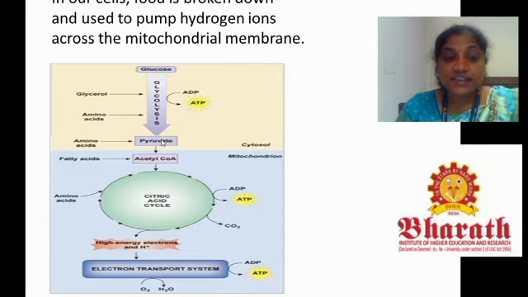In the second step, pyruvate is converted into acetyl-CoA with the help of an enzyme called pyruvate dehydrogenase. Here also one NADH is released. The fate of pyruvate is that either it enters anaerobic catabolism and becomes lactate, or it enters aerobic catabolism and is converted into acetyl-CoA.